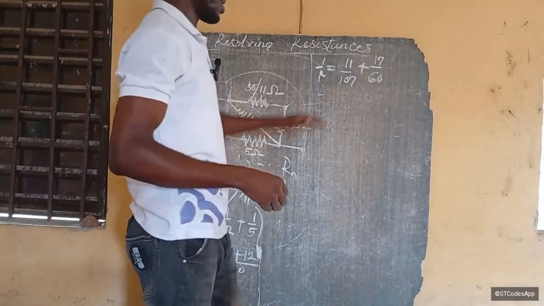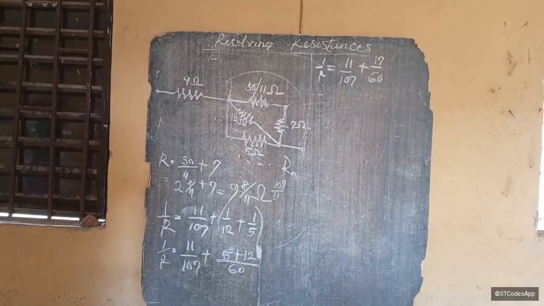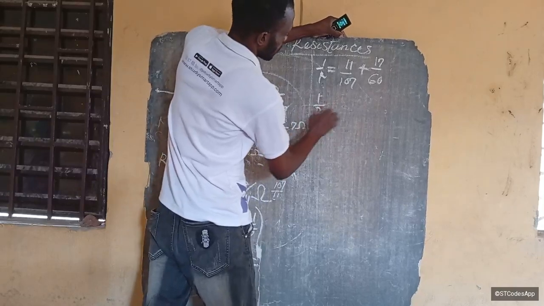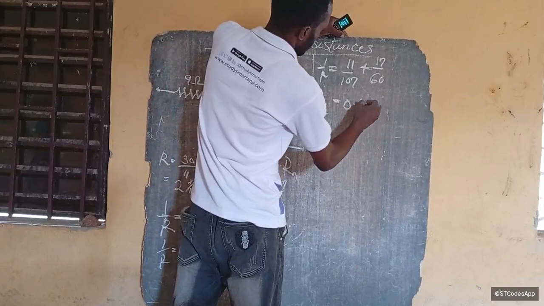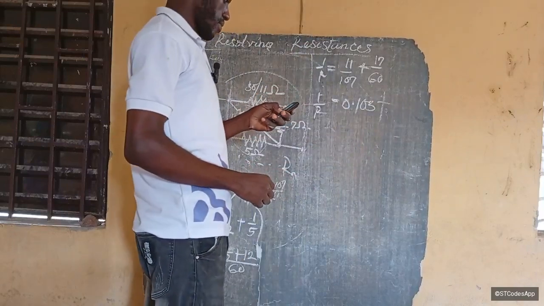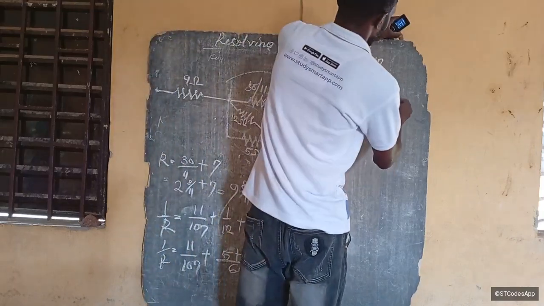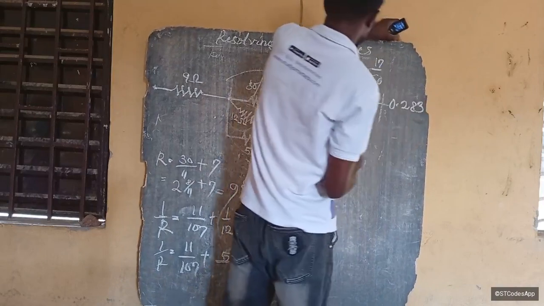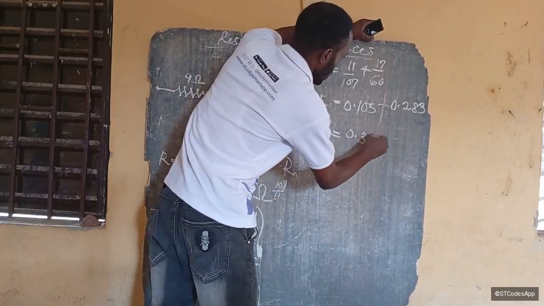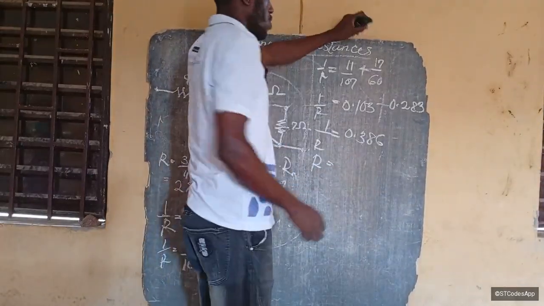All right, so if that's the case, I'm going to employ the calculator in solving this. 11 divided by 107 is going to give us 0.103, plus 17 divided by 60, that's going to be 0.283. So 1 over R becomes, this plus this, 0.386.